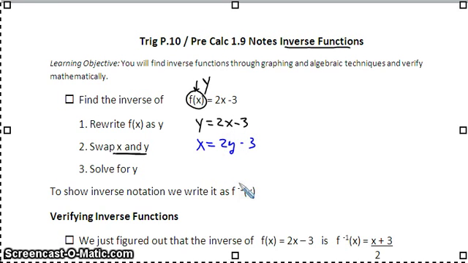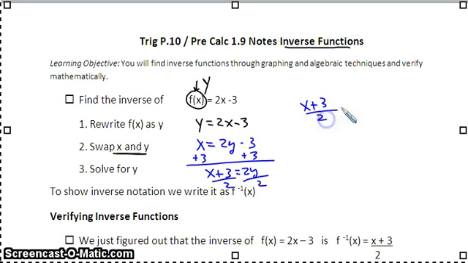And my goal then is to solve this equation for y, so now I have the inverse function. For this problem, we'd have to move over the 3 and get rid of the 2. So we would say that x plus 3 divided by 2 is equal to y. But to truly show that this is the inverse of the f function, we don't want to leave this as the y.